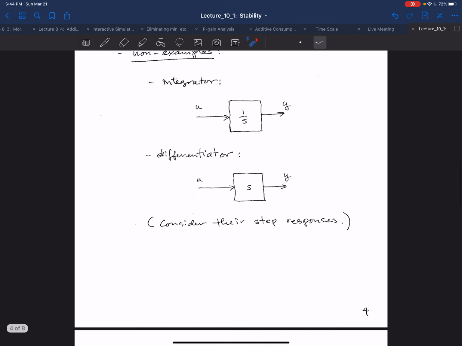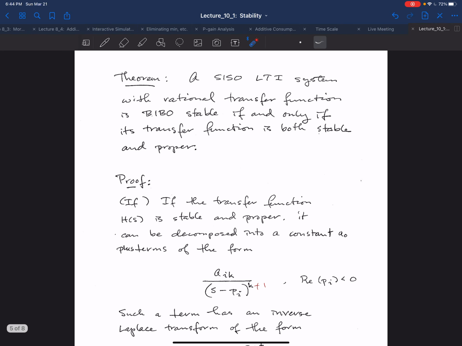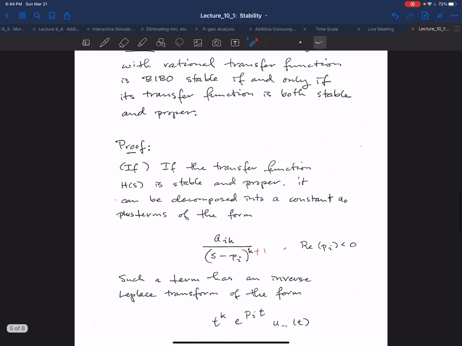So these are kind of key examples, and they will help us follow the proof sketch for this result. So we're going to prove that a single input, single output LTI system is bounded input, bounded output stable if and only if its transfer function is both stable and proper.